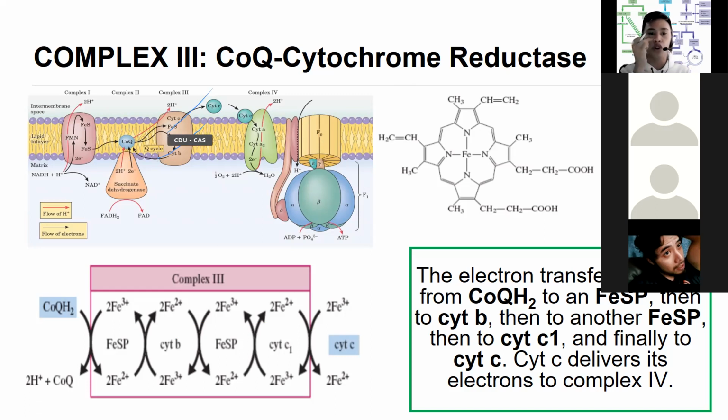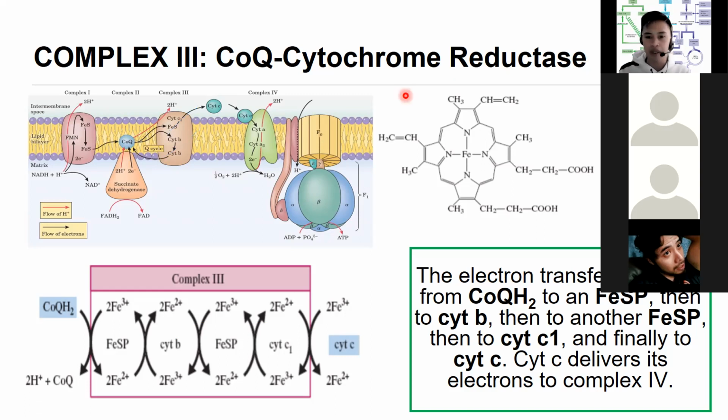But only cytochrome C is soluble in water. That's why it carries electrons outside the membrane, in the polar portion of the inner mitochondrial membrane.